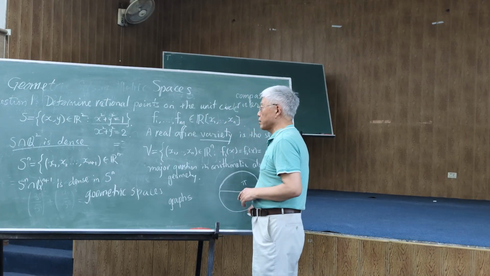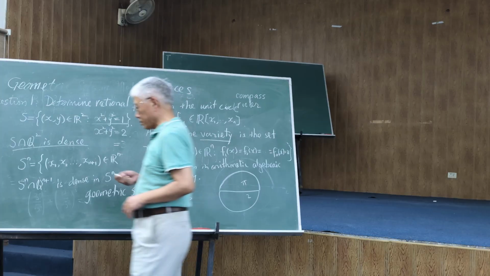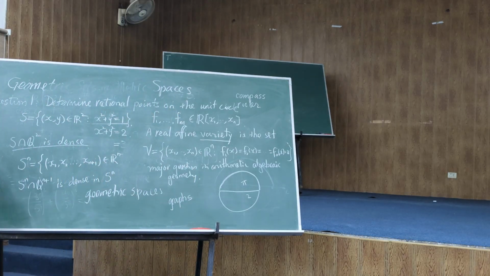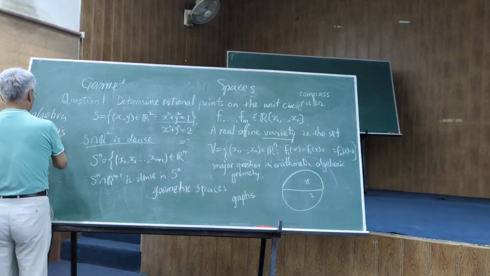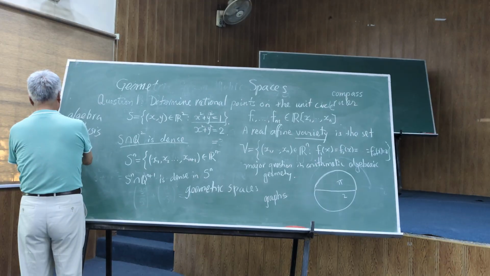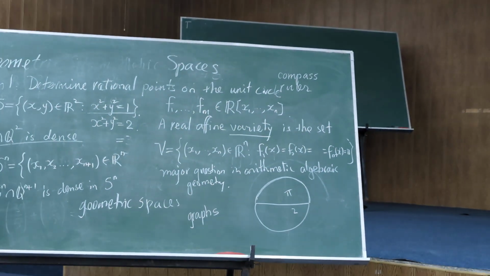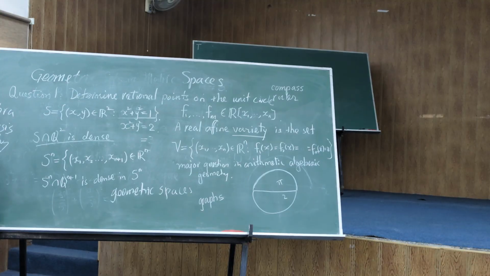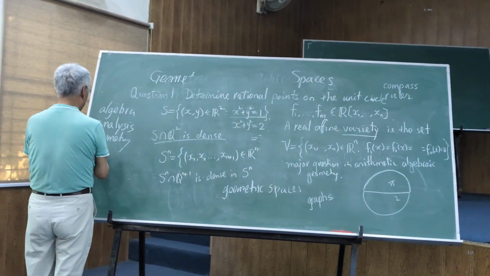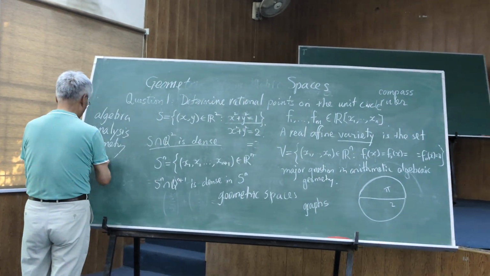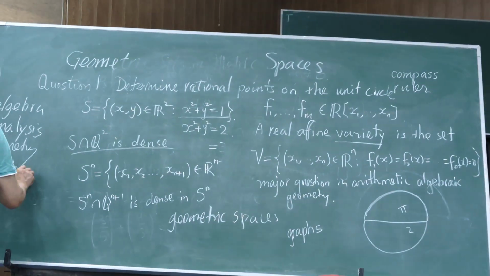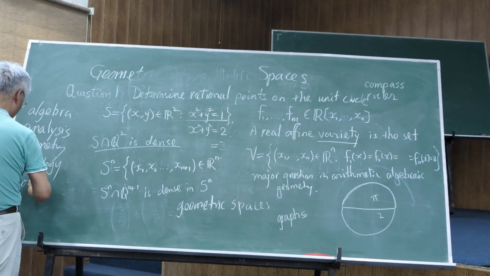Let me write in alphabetical order: algebra, analysis, geometry. This is every one of these 2 parts. And then we have topology, combinatorics.